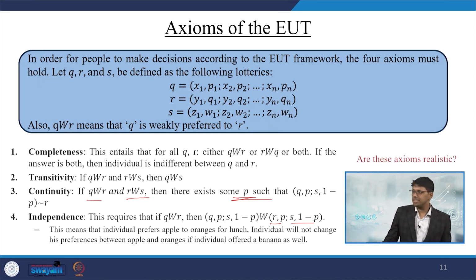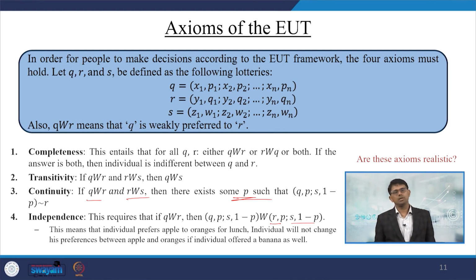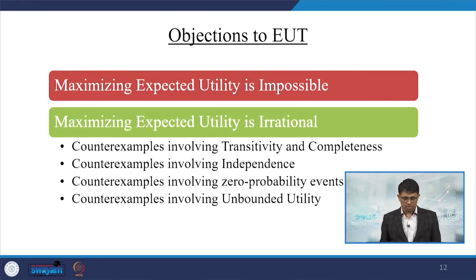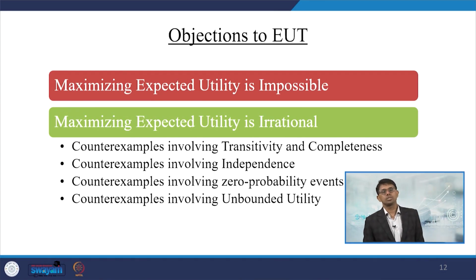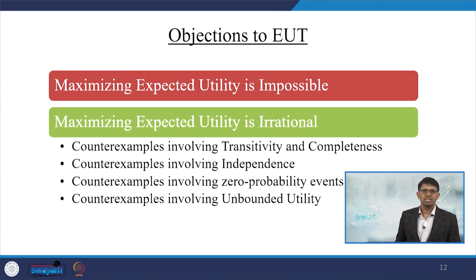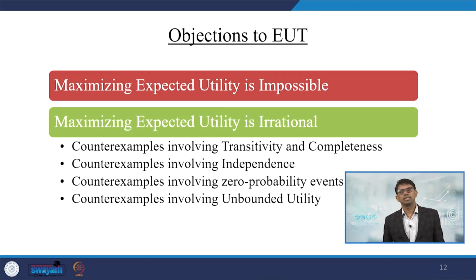So, the question is, are these axioms realistic? I have just clarified that some of them are not really realistic. So, maximizing expected utility is impossible, and maximizing expected utility is then irrational.